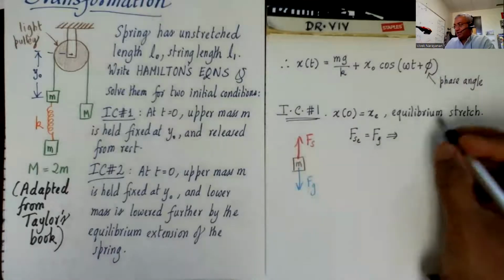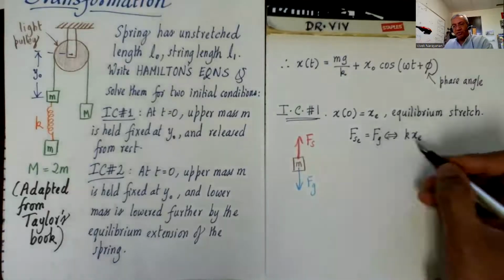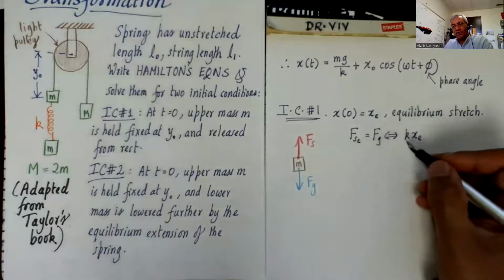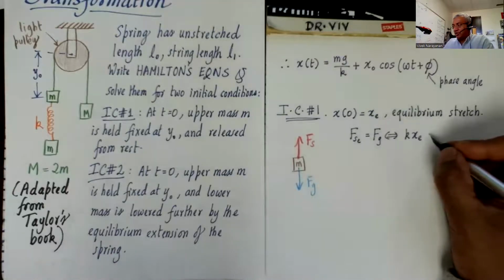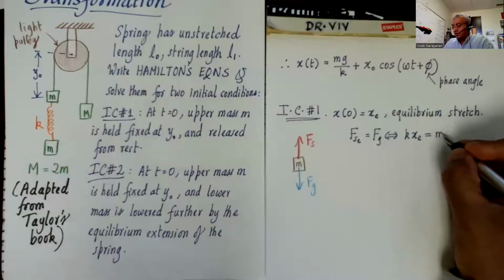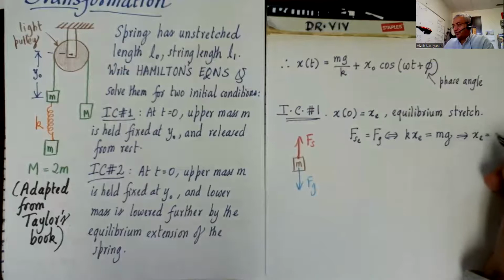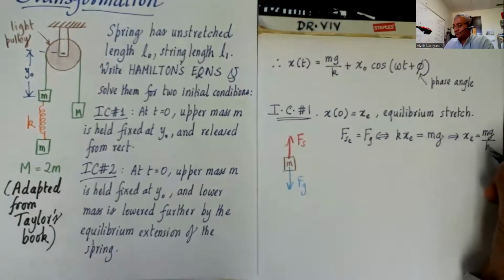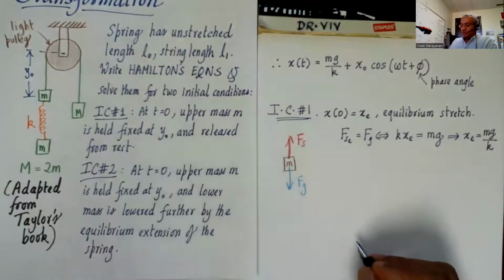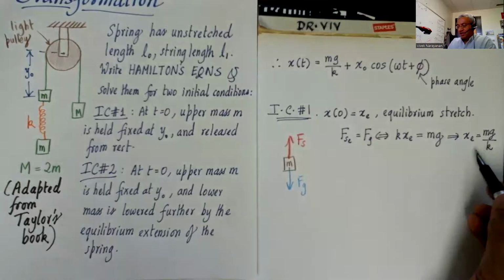And so that tells me that k times x equilibrium, because the magnitude of the force, Hooke's law is negative kx, but we're looking at the magnitudes here, is equal to mg. And that tells me what x sub e is. X sub e is mg over k. So x of 0, which is that thing here, is actually mg over k.